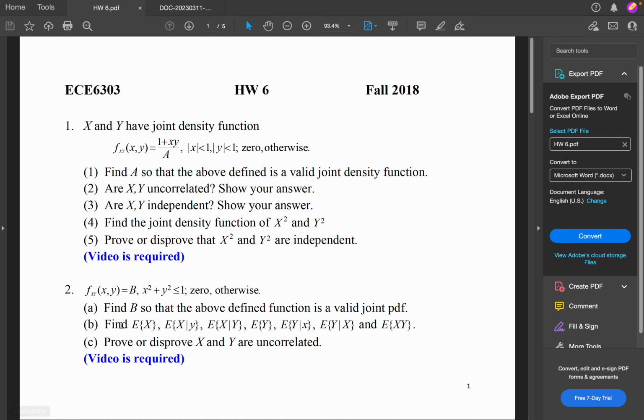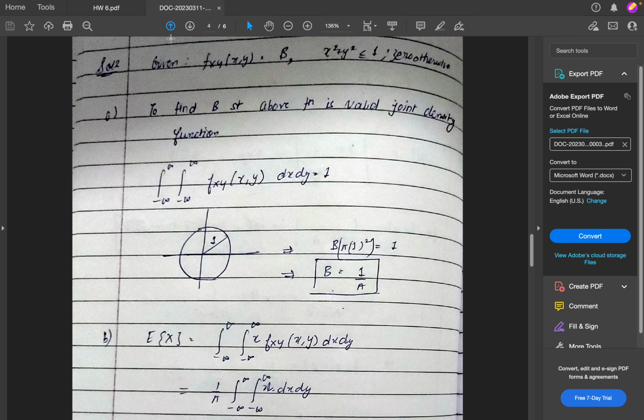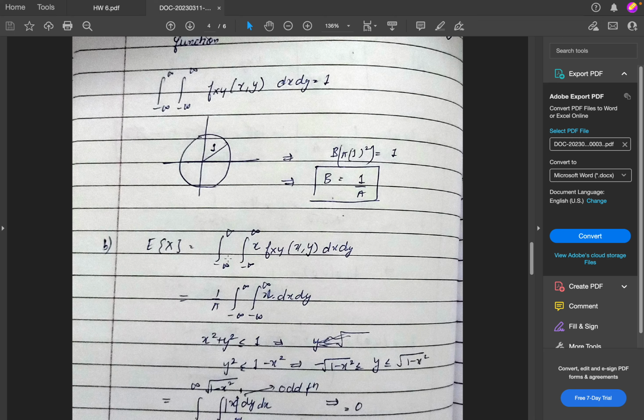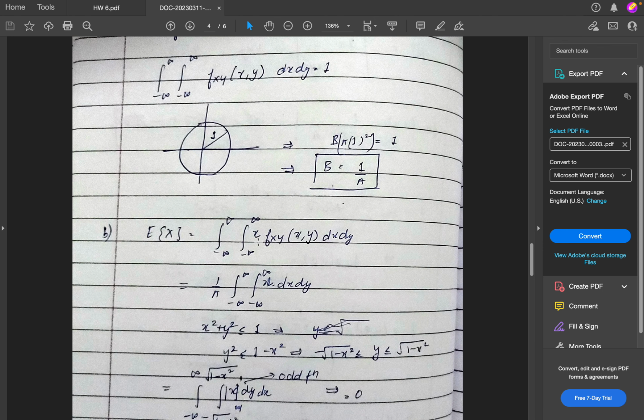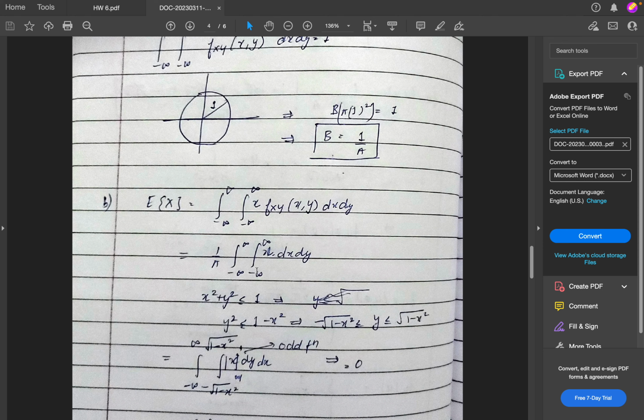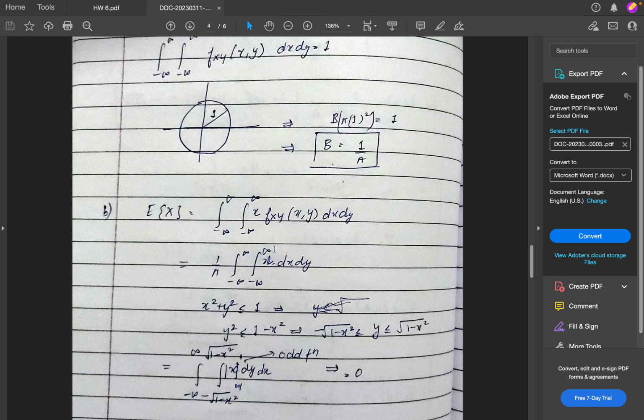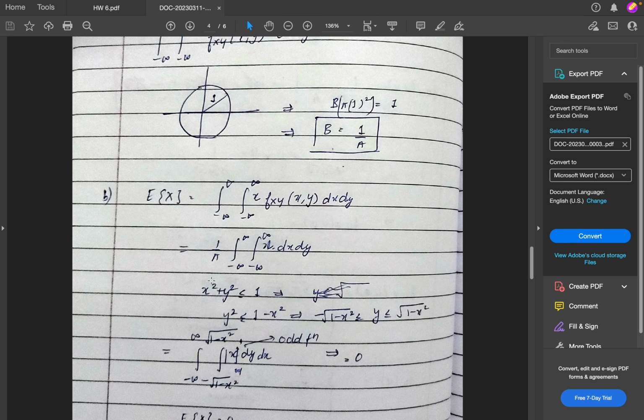Now for the second part, we need to find the expected value of x. We know that the expected value can be given as the integral of x into f of xy, integrating over minus infinity to infinity. f of xy is given as b, which we found out as 1 by pi from the last part.